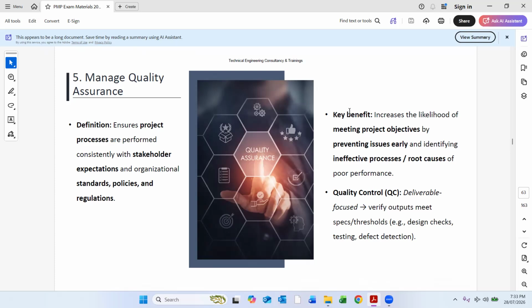And in quality control checks there are design checks as well, because we often review the design by a third party. So once the third party check is there, it means there is a design check as a quality control. And in terms of testing, once the activities are completed, we have a testing and commissioning stage in our project, where we test the whole system.